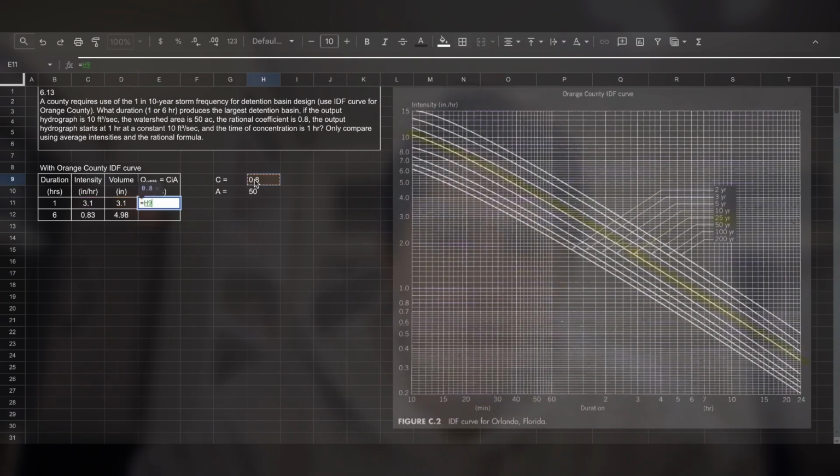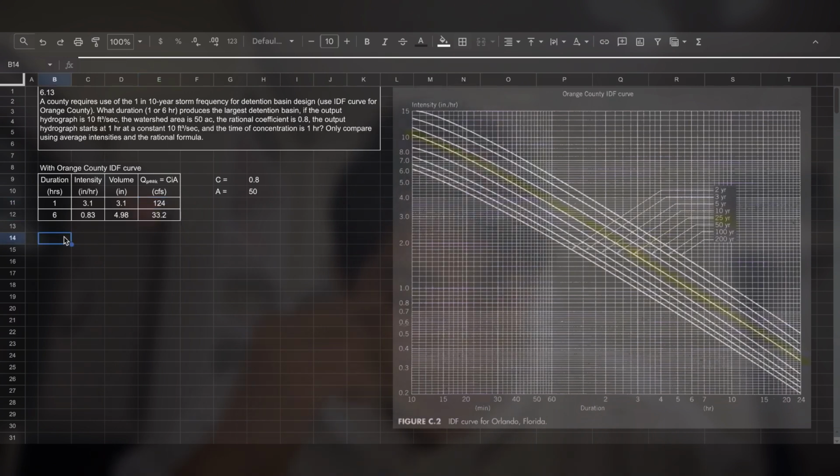So it's going to be C times I, the intensity, times A. And this is going to be the same, C times our intensity times A. And we get 124 CFS, 32.2 CFS. So that's that part, finding out their peak values for each storm.